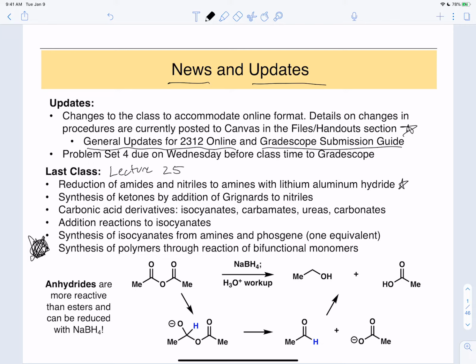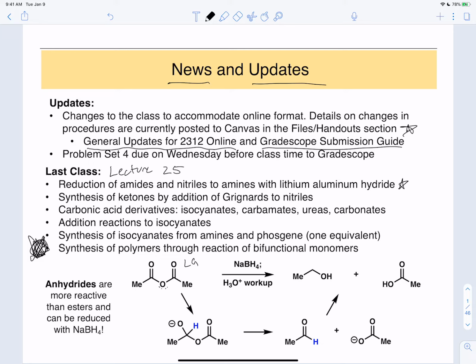So even though they look a bit like an ester on one half of the molecule, the other half you can kind of view as being an electron withdrawing group or a leaving group. So this changes the amount of resonance that one oxygen can share between the two carbonyls, and this makes each of these individual carbonyls more electrophilic. So this can react with things like sodium borohydride. It'll have reactivity more similar to something like an aldehyde or a ketone.